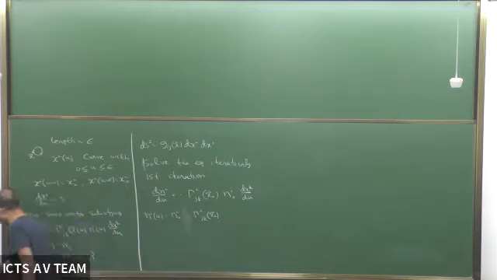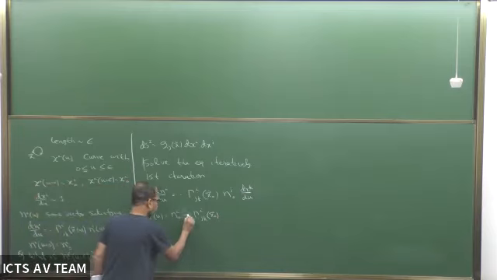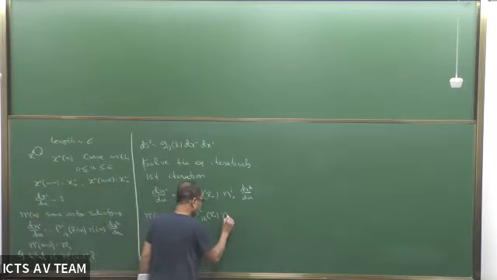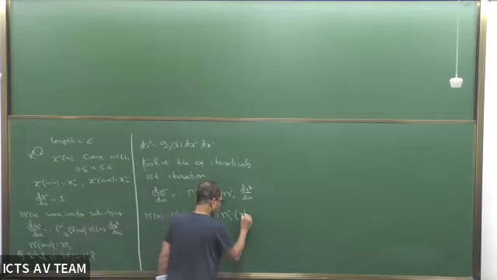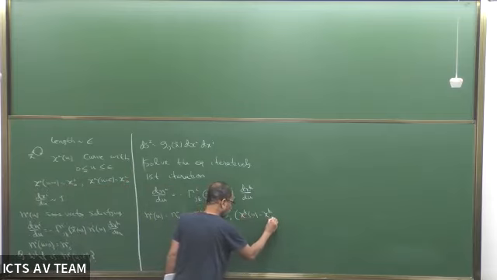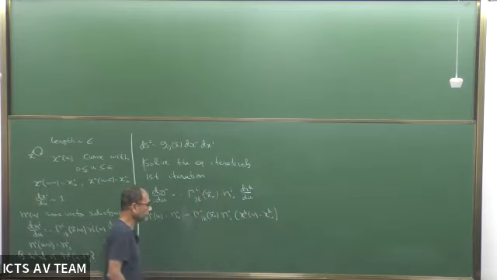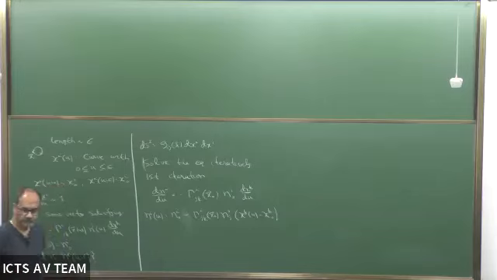So ni naught minus, and this when you integrate from u equal to 0 to u, it's basically xk of u minus xk naught. The change in xk as u goes from 0 to some arbitrary value.